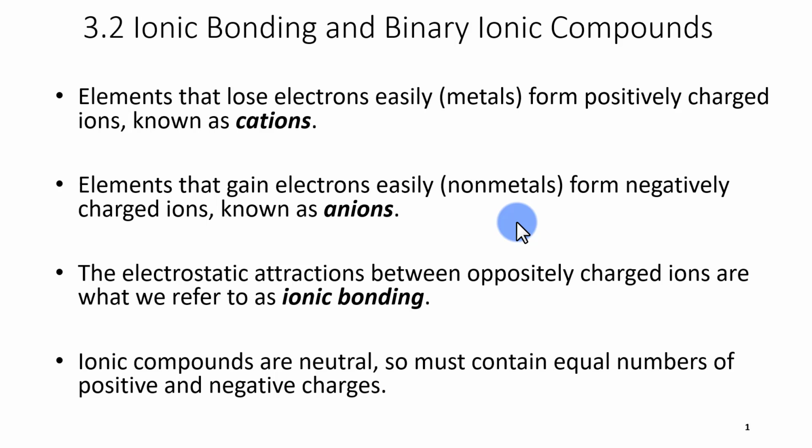But all of my positive charge has to be equal to all of my negative charge so that they cancel each other and give me an ionic compound that is neutral. So I have to count total charges, positive and negative, to make sure that they are equal.